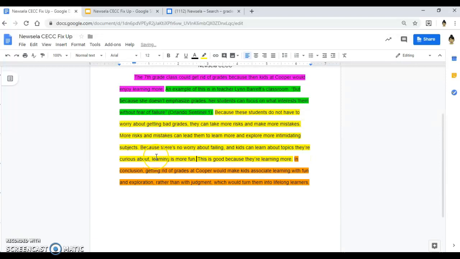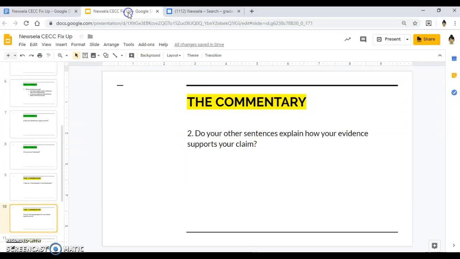Okay, so here I'm connecting them learning more and not having to worry about failing to how that would make learning more fun.